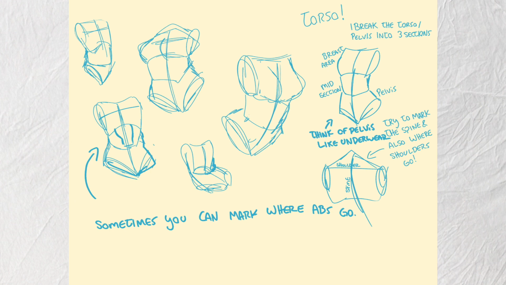I have a hard time visually putting it on paper without a reference to look at, so it helps to have that even when you're just posing, because sometimes people need help with that. Be sure to mark where the spine is and where the shoulders go, because this will help a lot for beginners when you're not sure what you're doing.